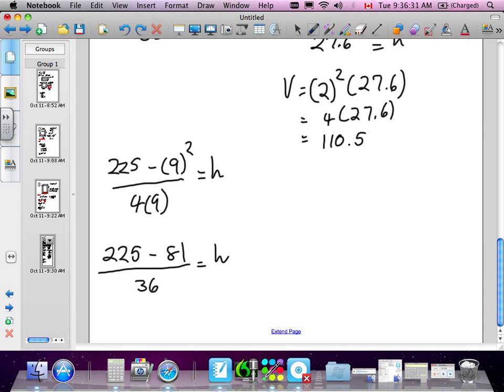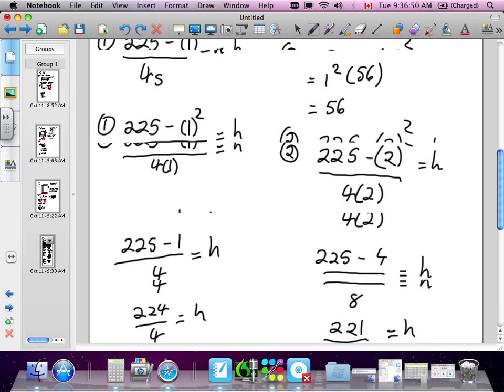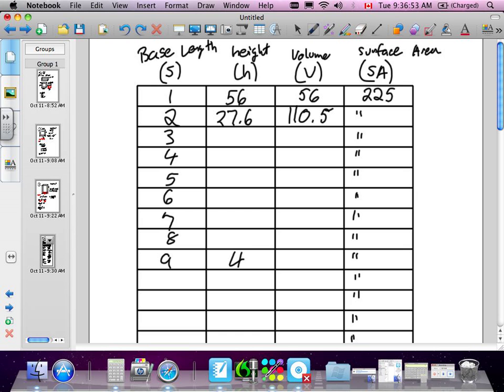I think our height ends up being 4. And then our volume ends up being 9 squared. That's the side length squared times 4. We end up with 81 by 4, 324. So after doing all of those examples, 324 ends up being our max volume.